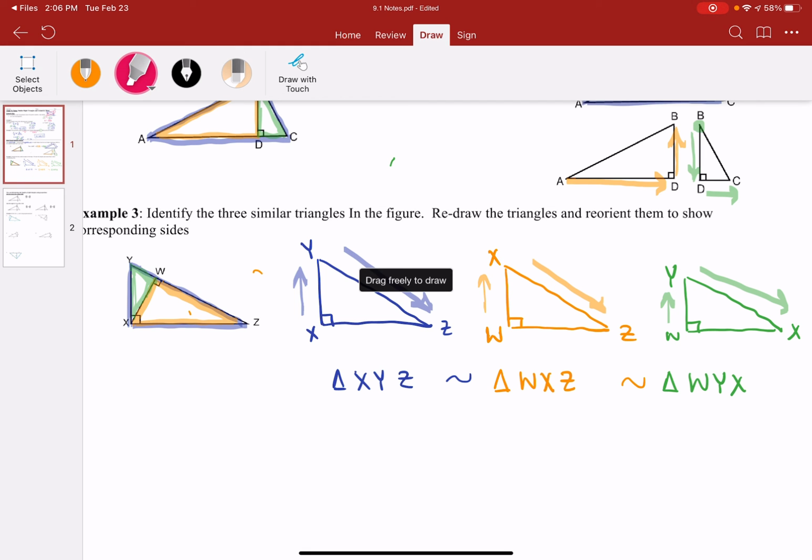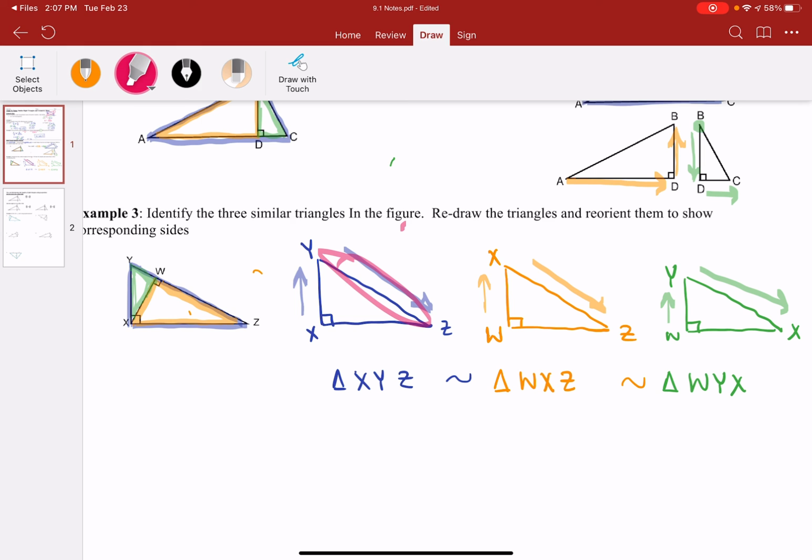In the blue triangle, the long leg, or the long side, is XZ. In the medium triangle, the long side is WZ. And in the small triangle, the long leg is WX. So those all correspond with each other. And then each one is also going to have a hypotenuse. In my bigger triangle, this blue one, YZ is my hypotenuse.